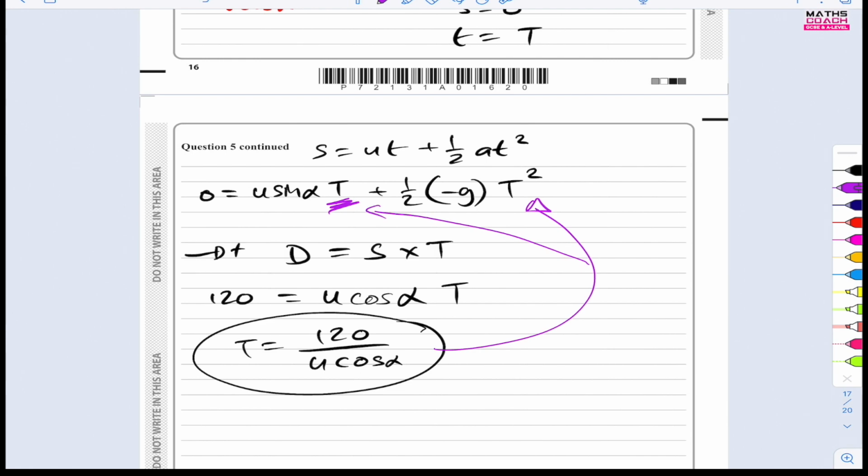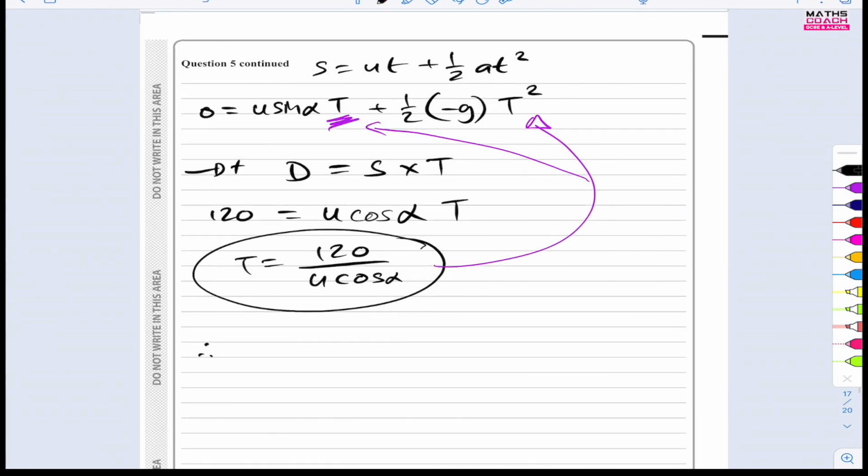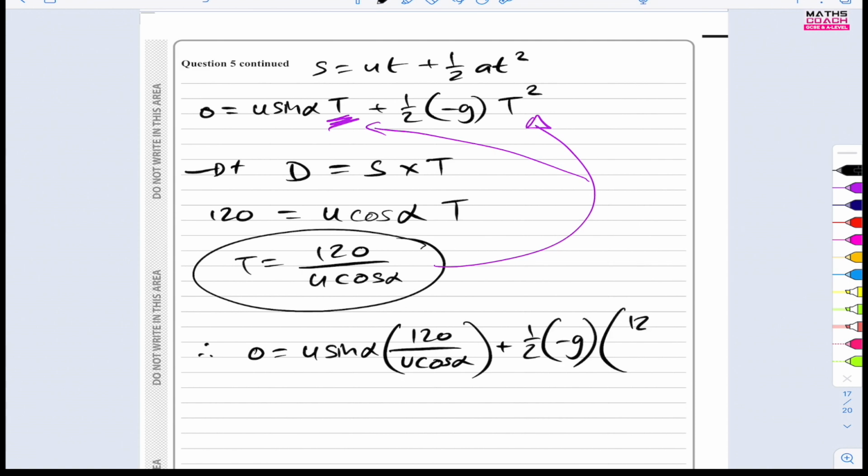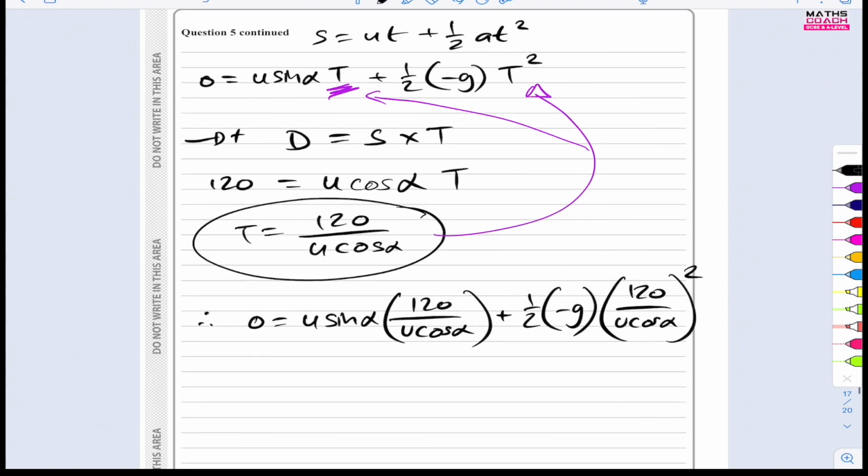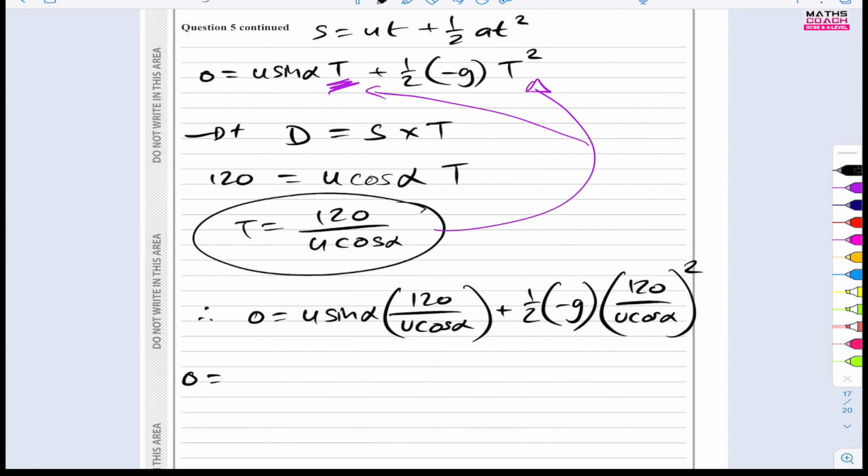Therefore, we have 0 is equal to u sine alpha, bracket 120 over u cos alpha, close bracket, plus a half minus g times 120 over u cos alpha squared. Let's work that out. Here, that and that cancels.